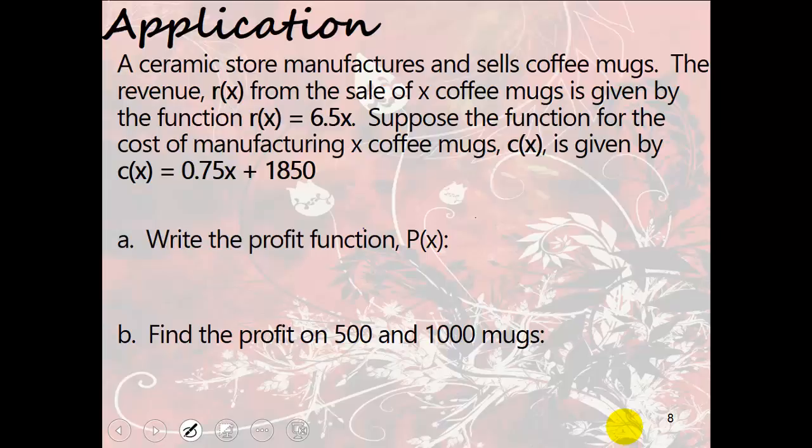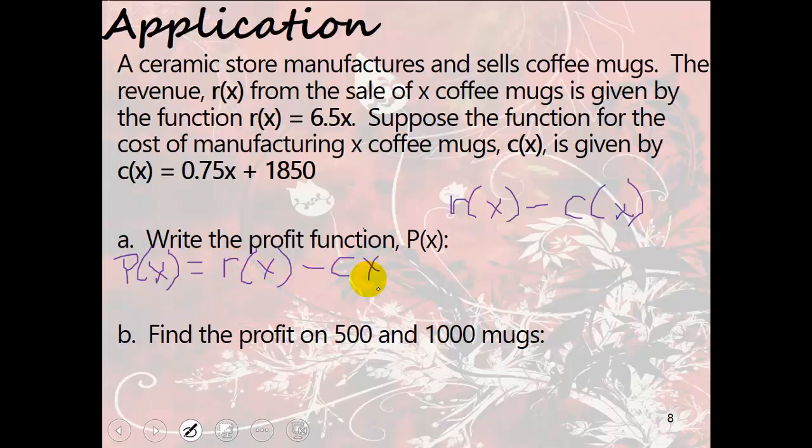They want you to write a profit. Well, the thing you have to know about profit is that it is the revenue minus the cost. So to find our P of x, we're going to form a new function by subtracting those two. So it's going to be R of x minus C of x.